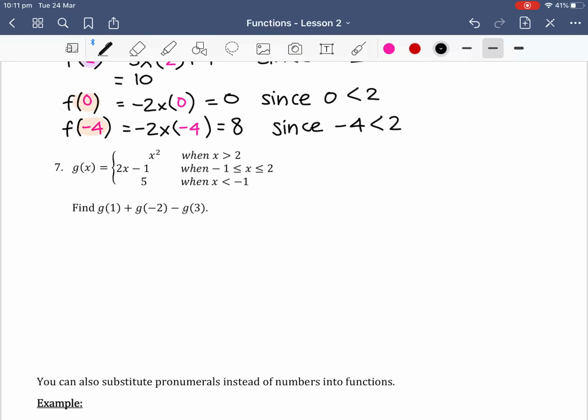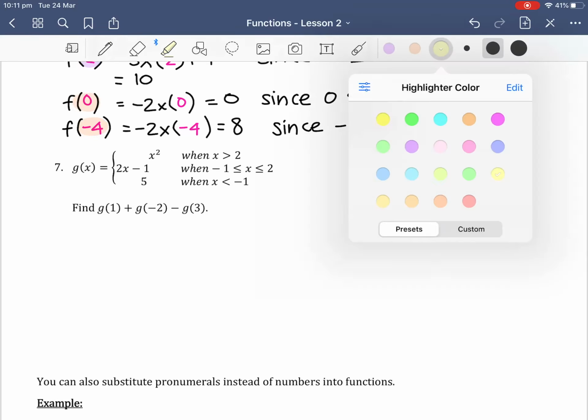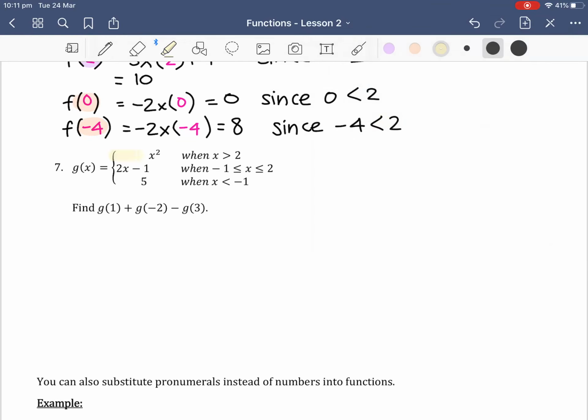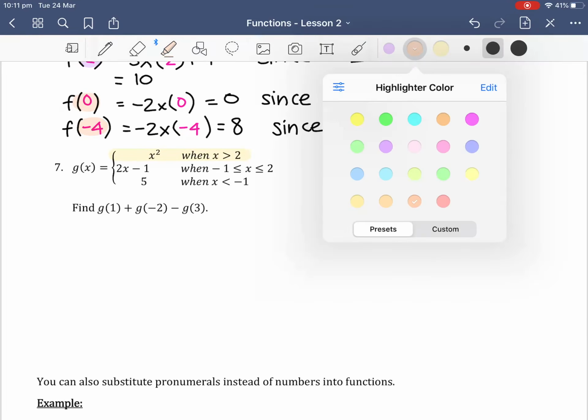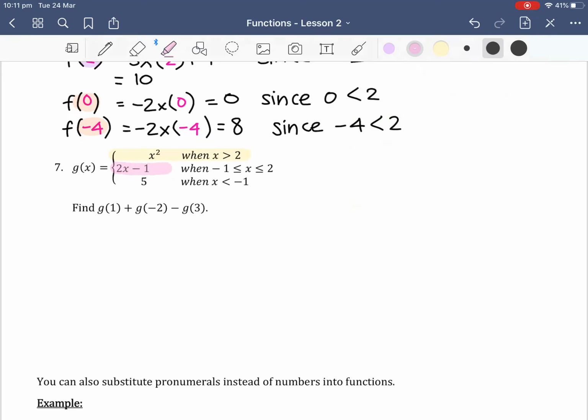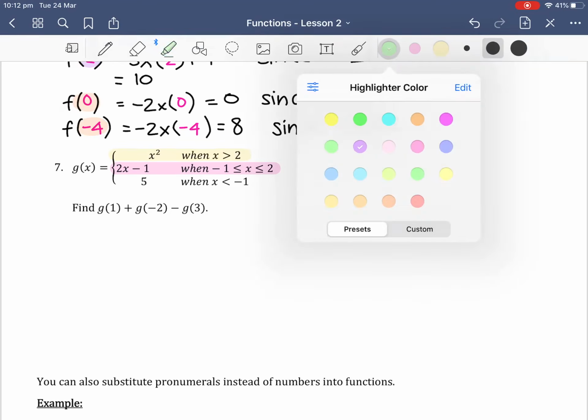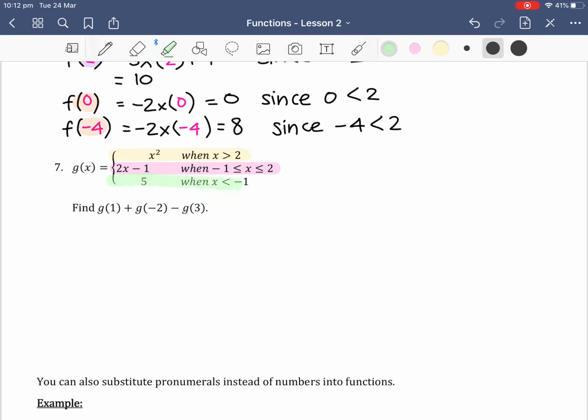Moving on to example 7, we have g of x equals x squared when x is greater than 2. So that's our first bit of information. We then have that it equals 2x minus 1 when minus 1 is less than or equal to x is less than or equal to 2.